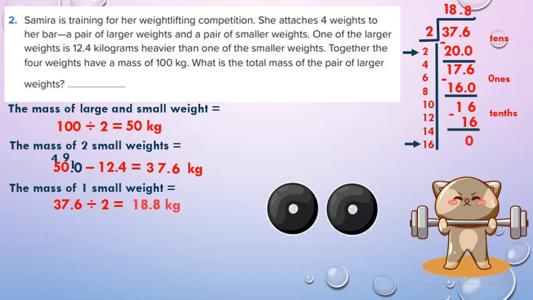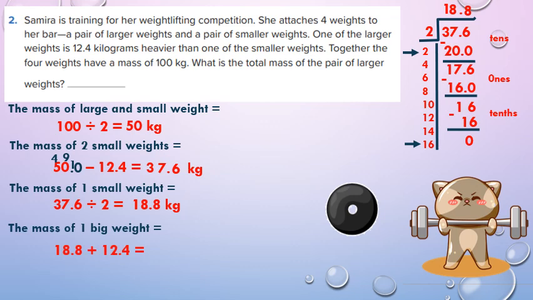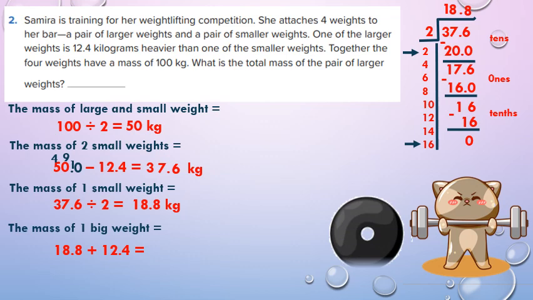Then subtract 0. So the weight of one small weight is 18 and 8 tenths kilograms. We know that the large weight is heavier than the small weight by 12 and 4 tenths kilograms. So the large weight equals 18 and 8 tenths plus 12 and 4 tenths.